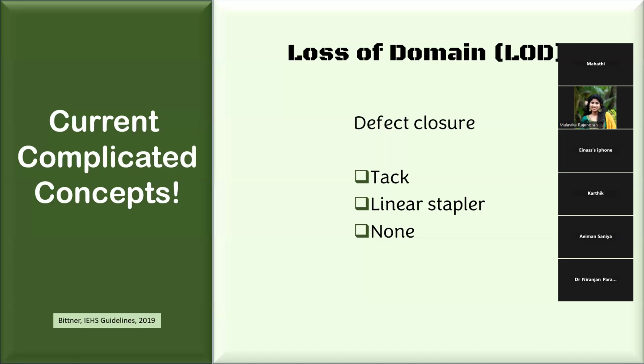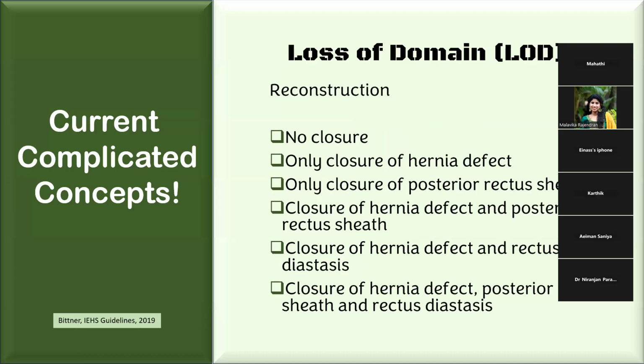If you're not doing a component separation, do not stitch the defect. But these days, when you're talking about E-taps and this and that, this has been reversed. And so people are stitching it up either with a suture or with a stapler. Again, as I said, the serious evidence for either or the other is non-existent.